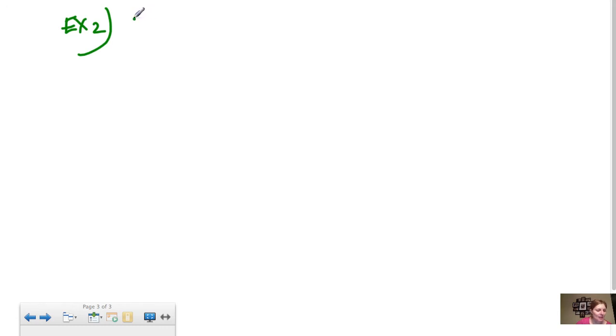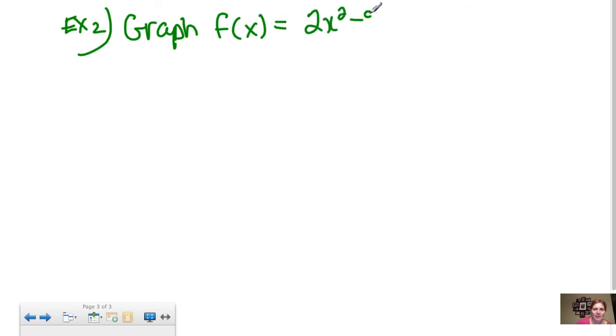Okay, in example 2, we are going to graph the function f of x is equal to 2x squared minus 8 all over x squared plus x minus 2. Same steps. Let's determine what our vertical asymptotes are.